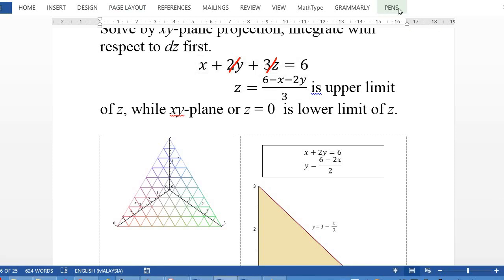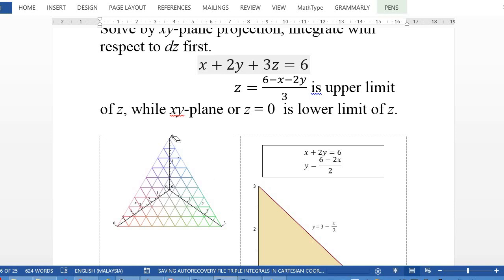Okay, and then to get the y-intercept, you let x equal 0, z equal 0, then 2y equal to 6, hence y equal to 3. Lastly, to get the z-intercept, you let x and y be 0, 3z equal to 6, and z will be equal to 2. So this is a tetrahedron surface.